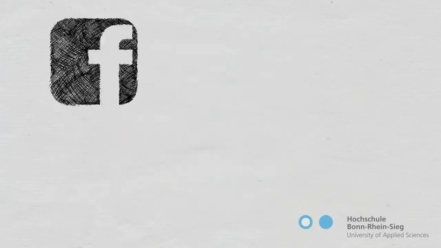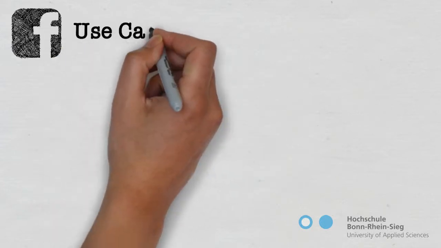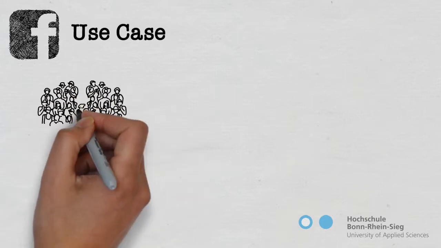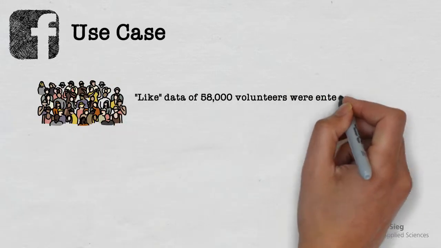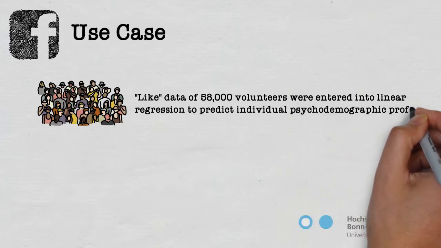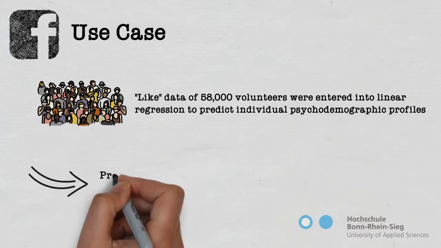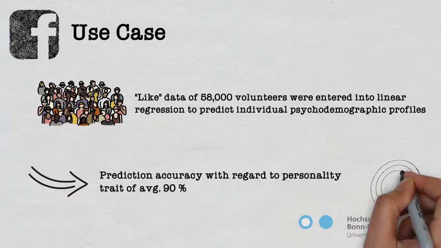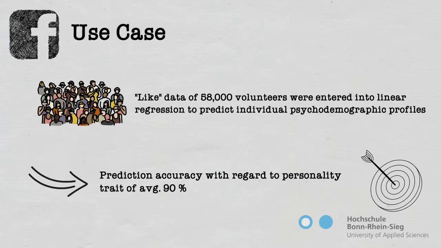So let's have a look at the respective Facebook use case. We had like data of 58,000 volunteers, and we entered that into linear regression to predict individual psychographic profiles with an accuracy of 90%.